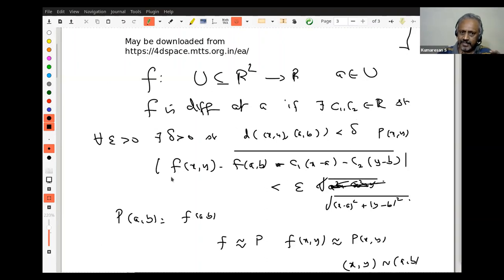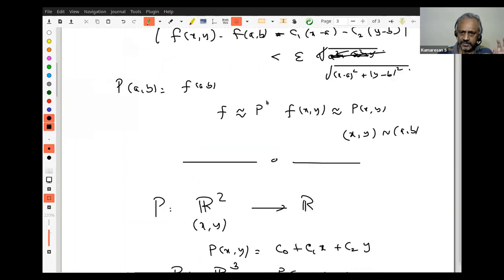Second, I can approximate the graph in and around the given point (a, b) by means of a plane, because this is the equation of a plane. This plane is what I am going to call the tangent plane. How close they are is what is given by this quantitative thing.